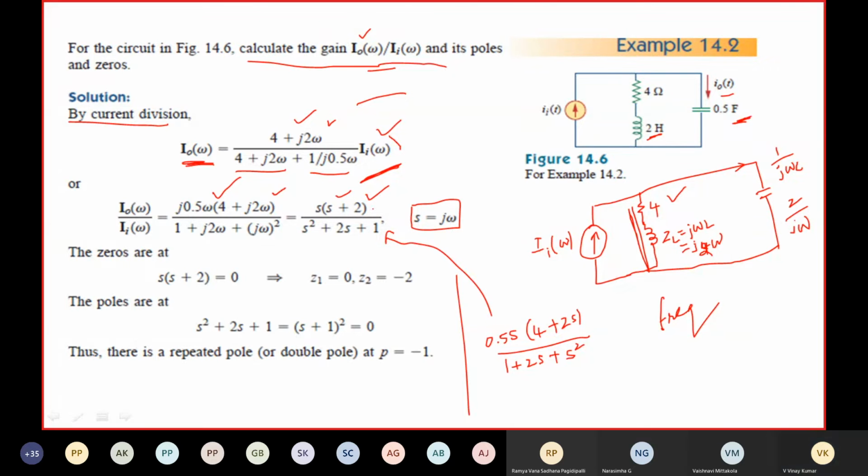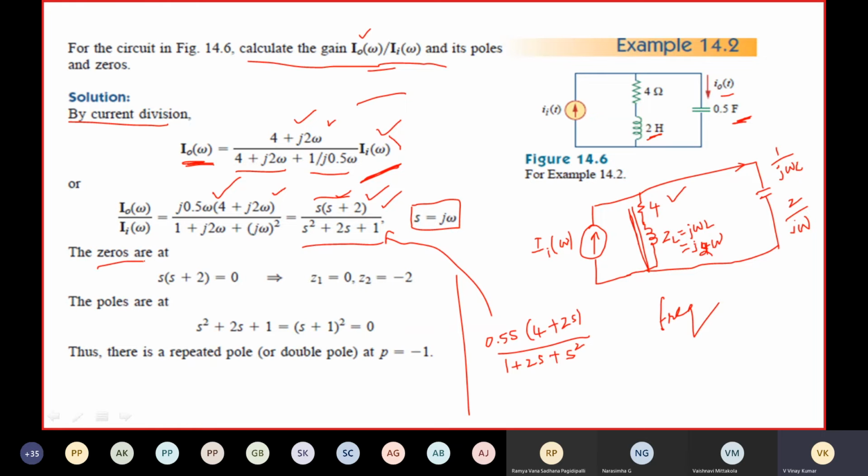So in terms of s, this is the transfer function. We got the gain, I naught of omega by I i of omega, or I naught of s by I i of s, is equal to s into s plus 2 by s square plus 2s plus 1, right?